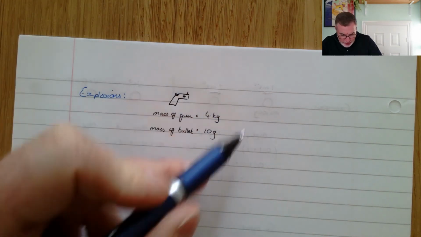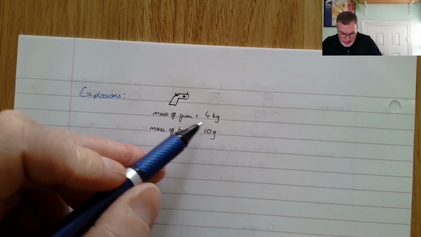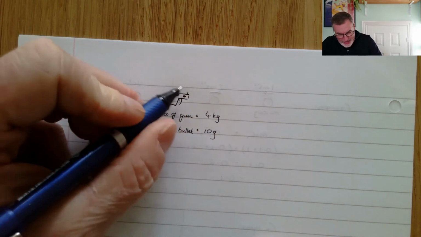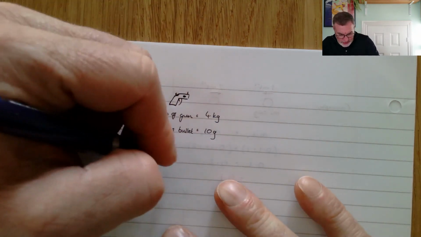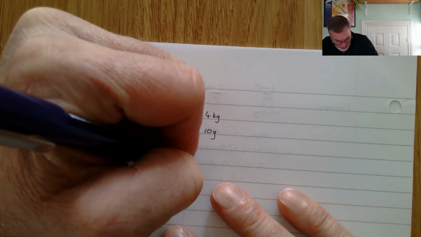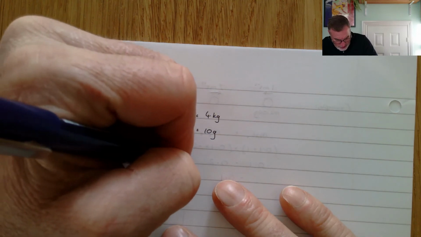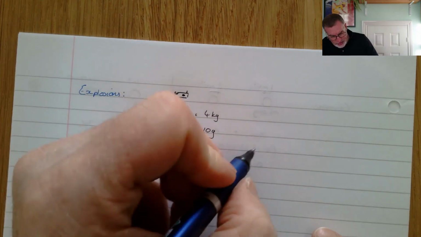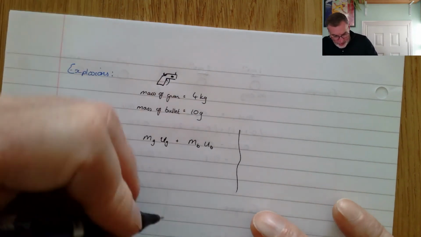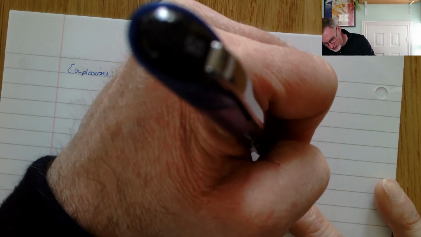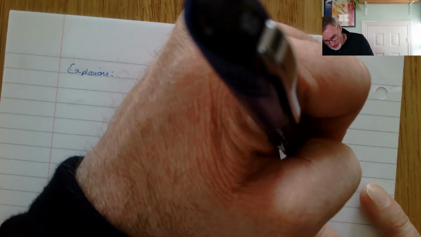Now, what's going to happen is before firing the gun, the momentum of the gun and the bullet is 0. We can have M for gun, V for gun, for U, and then M bullet, U bullet. And then after, when we fire, the gun's going to recoil. So we're going to have M gun, V gun, plus M bullet, V bullet.